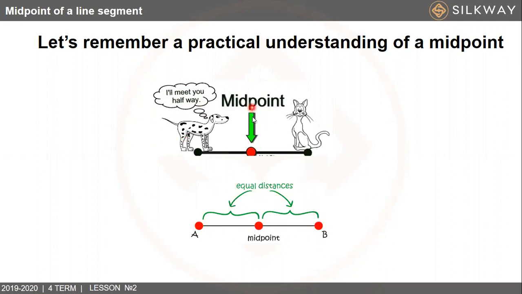Halfway is also like midpoint, the same word. So midpoint is a point that divides the segment equally: from A to the midpoint, and from the midpoint to B, the distances are equal.